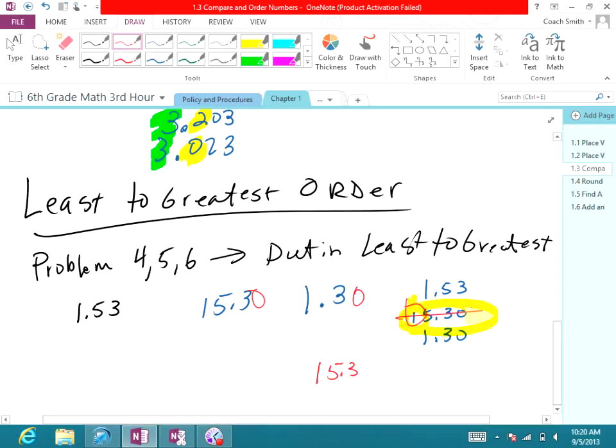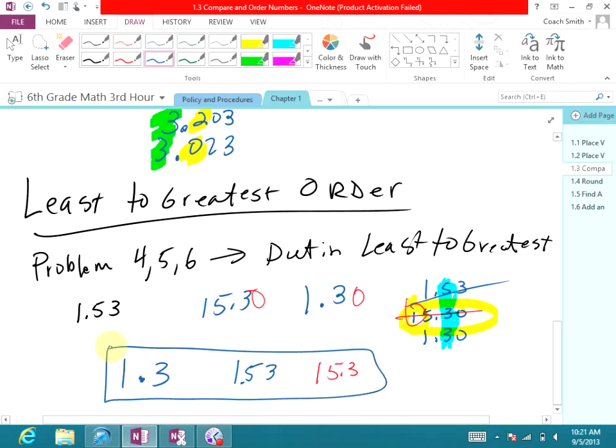So I can mark it out. Now it's just between 1.53 and 1.30. If I look at that column of numbers there, the 5 and the 3, which is larger, 5 or 3? 5, thank you. So therefore, the 1.53 goes next. That leaves us the only one, 1.3.